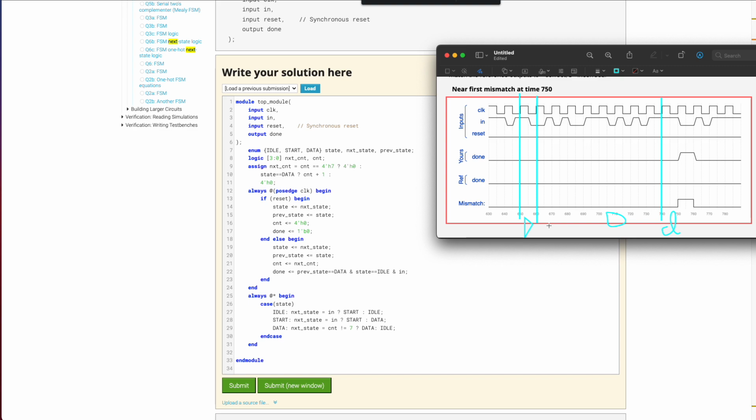But then I don't get it. I don't get how this count is wrong.